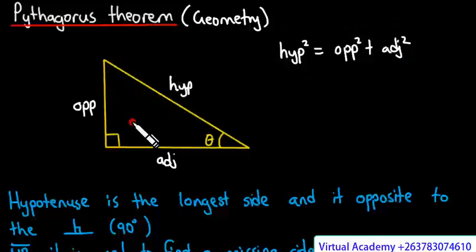It was discovered by Pythagoras. It gives us the relationship between the hypotenuse, the opposite and the adjacent. So you have to memorize it: hypotenuse squared is equal to opposite squared plus adjacent squared.